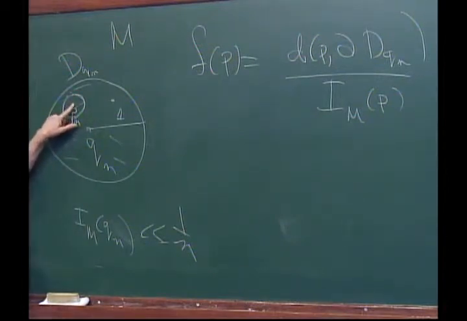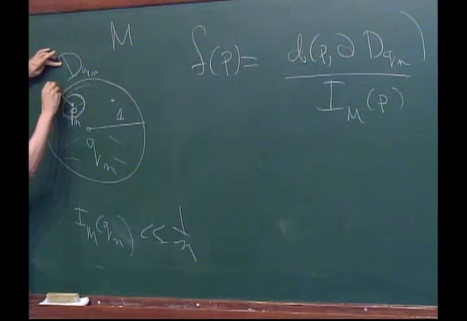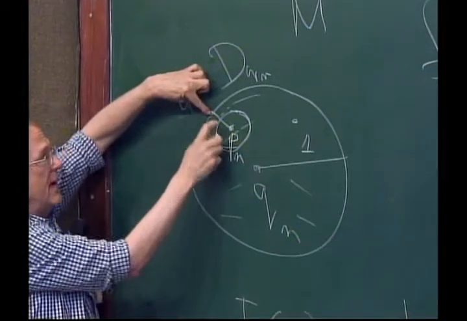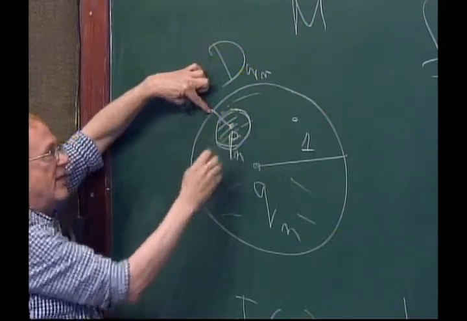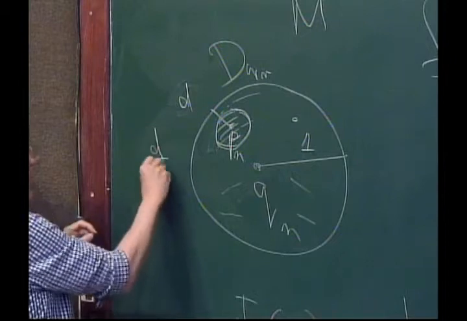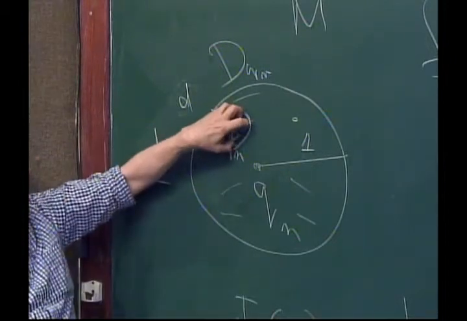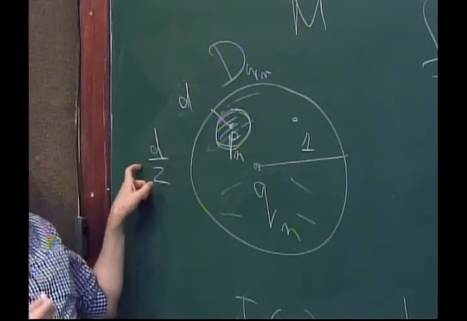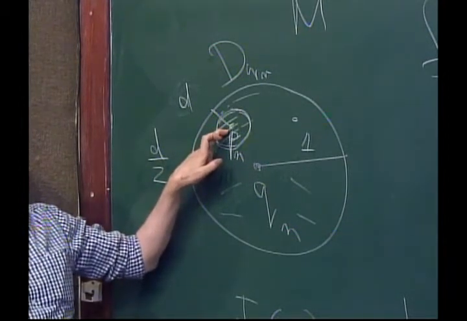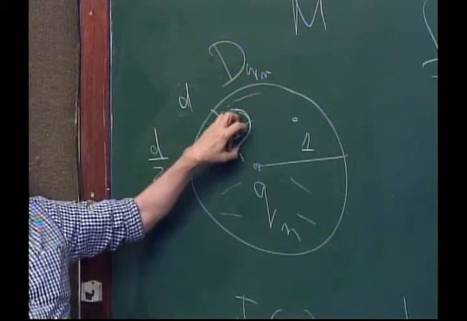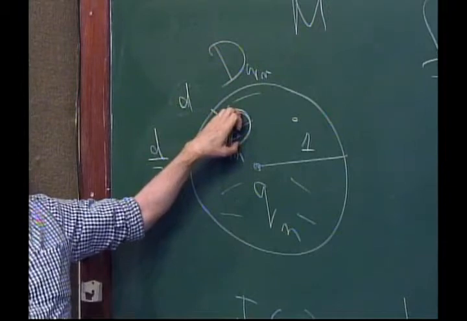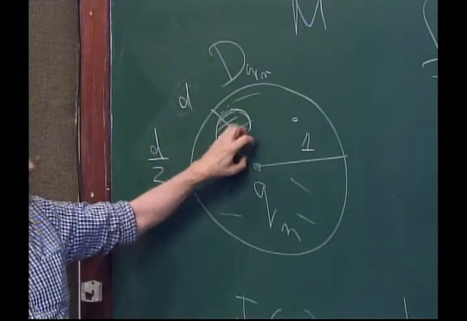But if the distance from the point Pn to the boundary is d, then on the intrinsic ball of radius d over 2 centered at this point, the injectivity radius could be smaller than the injectivity radius function at Pn, but not much more, in the sense that it could be as much as half as big. It could be smaller, but it's not too different.